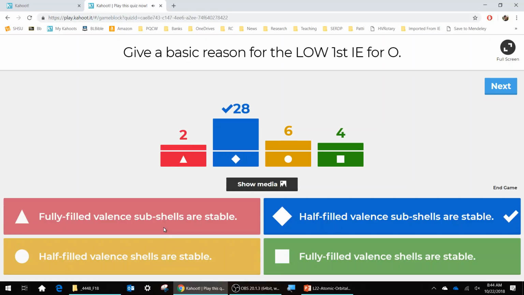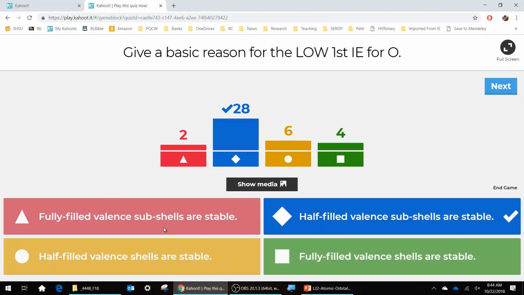Very good. So it's the same reason, right? In nitrogen, the neutral was stabilized. It was hard to ionize. In oxygen, the cation is stabilized, and it's easy to ionize. So you're just looking to see which one is stabilized, the neutral or the cation. And you know that because of the electron configurations.